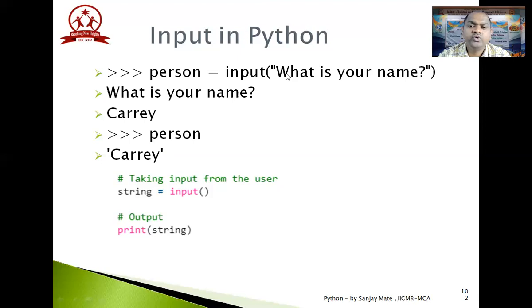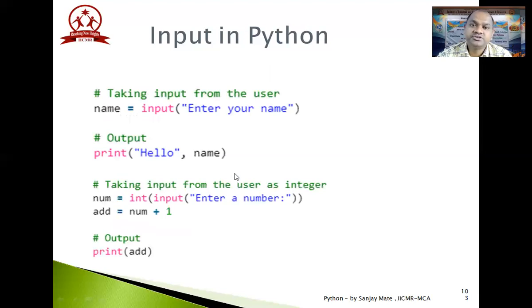If you don't want to prompt anything, you can write simply input with nothing in the brackets. Still it will work. You can get the string, and if you want to print the string, you provide it in the print function and it will be printed. We'll see print further on, but first we'll see the input.